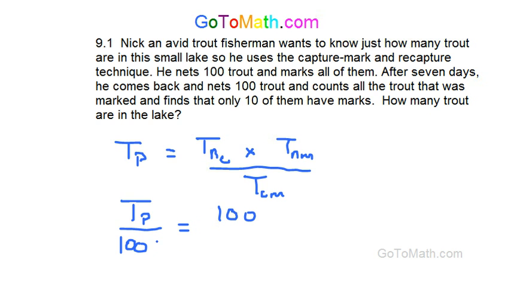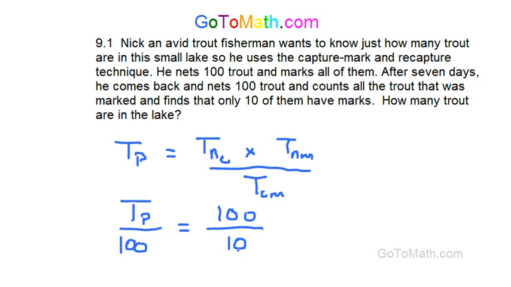So we captured 100 and we marked 100 and then we came back and captured another 100 and found that only 10 of them had marks. So we captured 100, marked them, released all 100 into the population, came back some days later, captured 100, and found that only 10 of those had a mark.